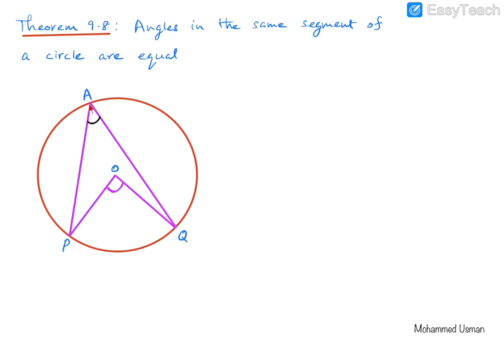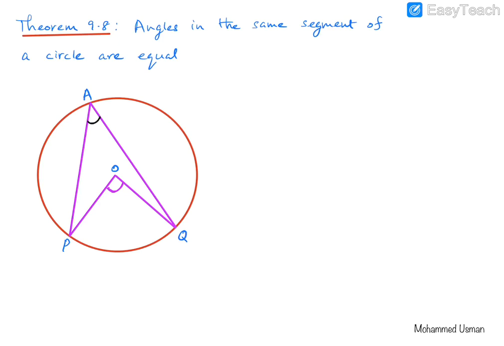Now, the point A on the remaining part of the circle could have been anywhere on the major arc. Okay, we have drawn it over here, but if it was at any other point, either here or here or here, all this constitutes as the angle subtended by the same minor arc or by the same segment of the circle. So the angle subtended by the same segment of the circle are equal.